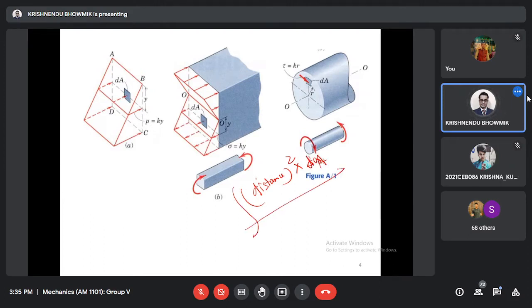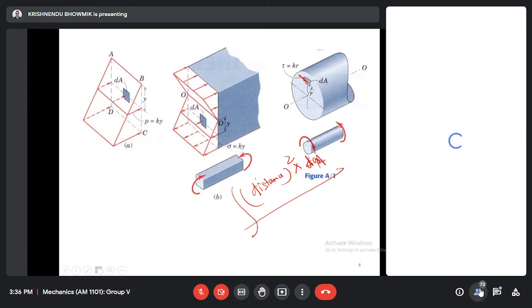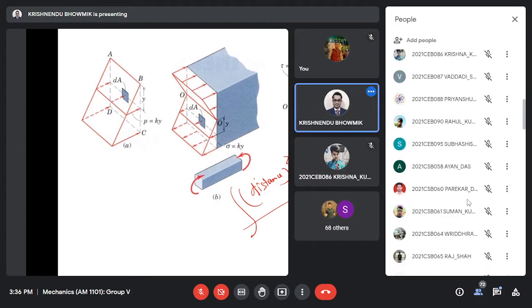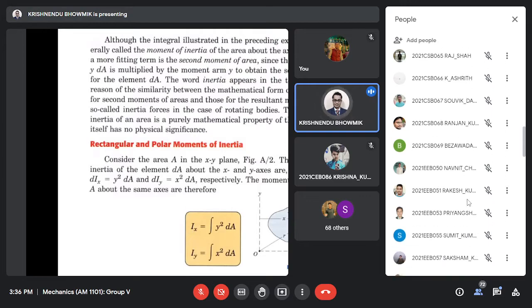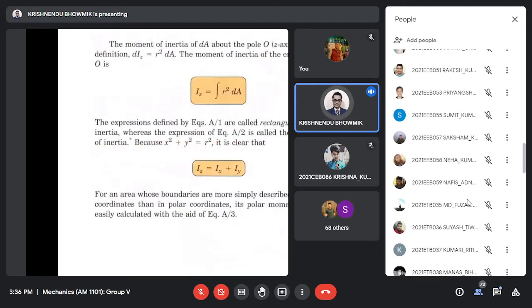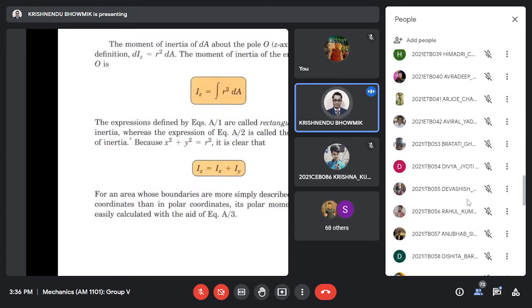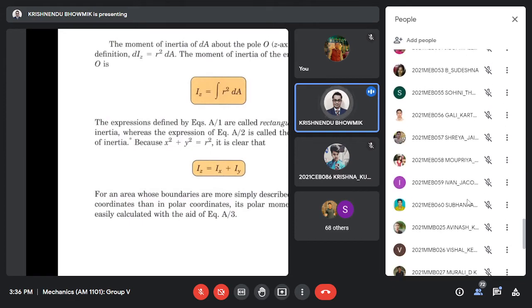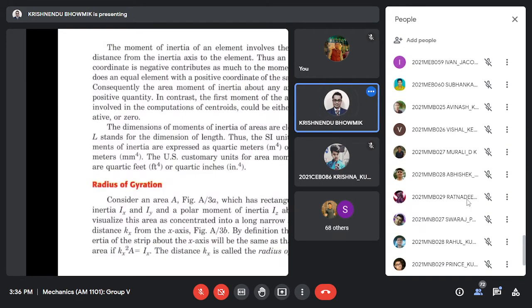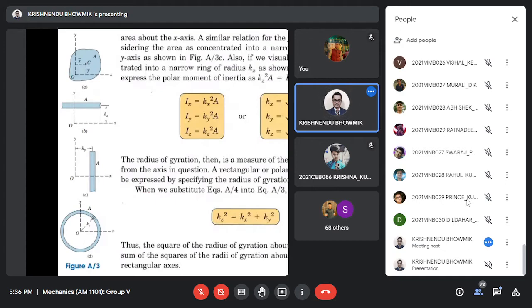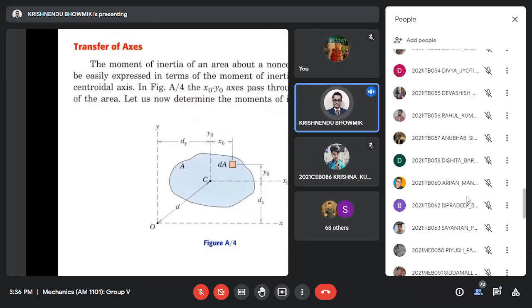Those expressions are important. Then we got Ixx, Iyy, Izz, and the relationship Izz equal to Ixx plus Iyy. Radius of gyration also we have got, and the parallel axis theorem.